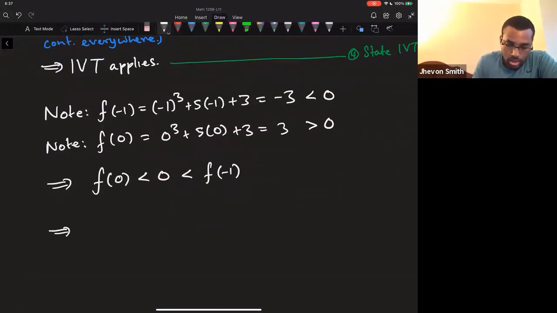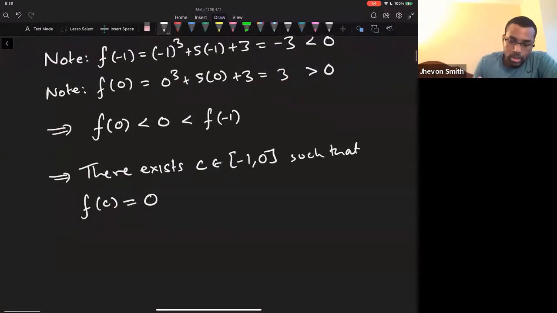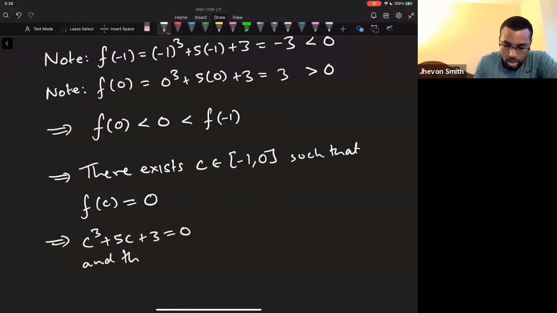This means there exists a C between -1 and 0. There's an intermediate input such that f of C would equal that intermediate y value. This means that, of course, C cubed plus 5 times C plus 3 equals 0. And this is the solution we seek.